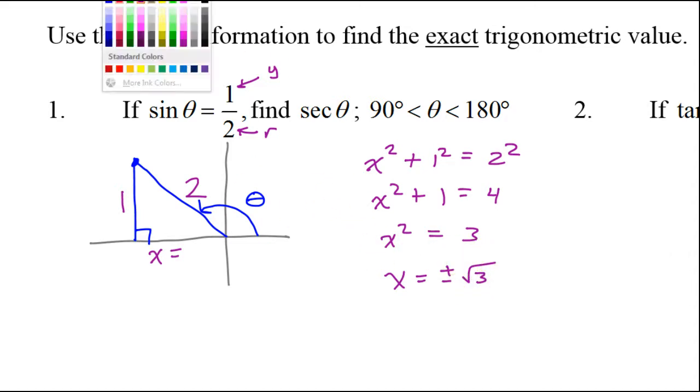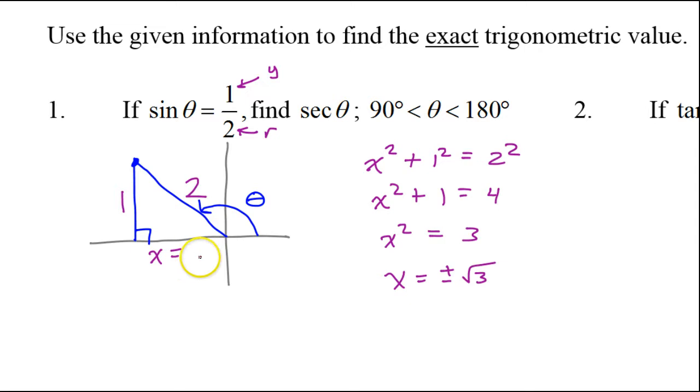Now we have to decide, based on the quadrant, whether or not this will be positive or negative radical 3. So this x value, because it is going to the left, will be negative. So this is going to be negative radical 3 for the x value.